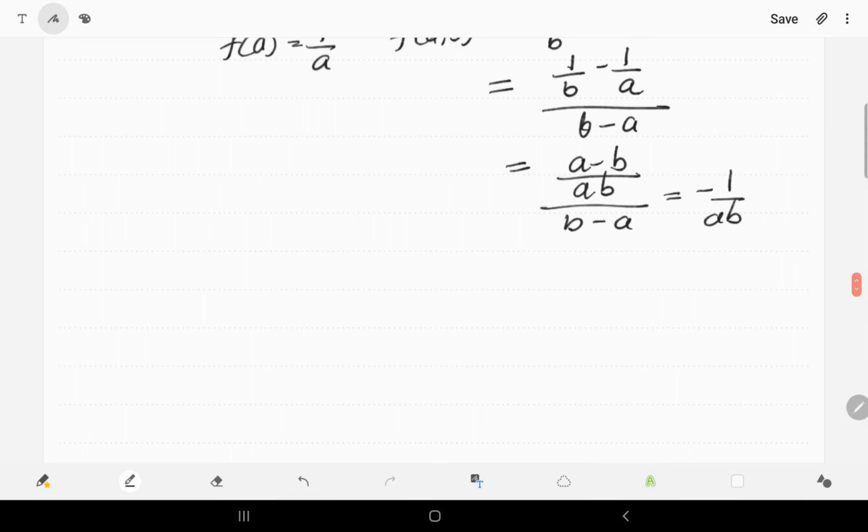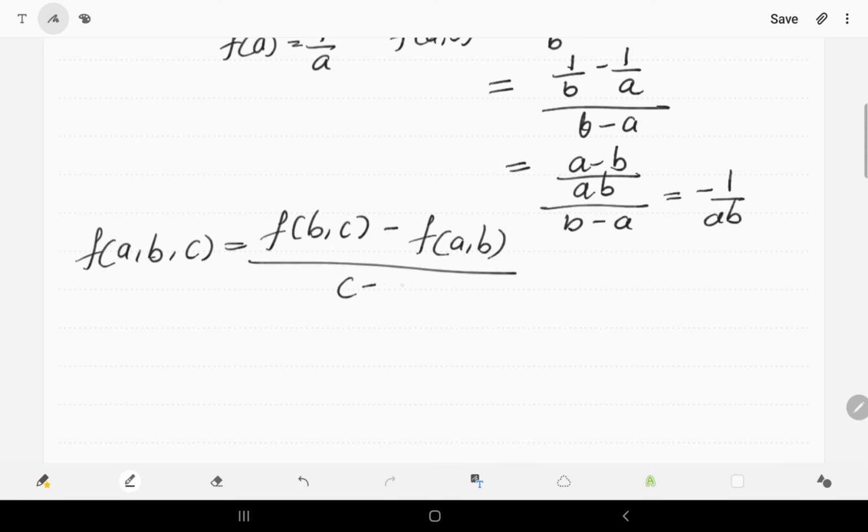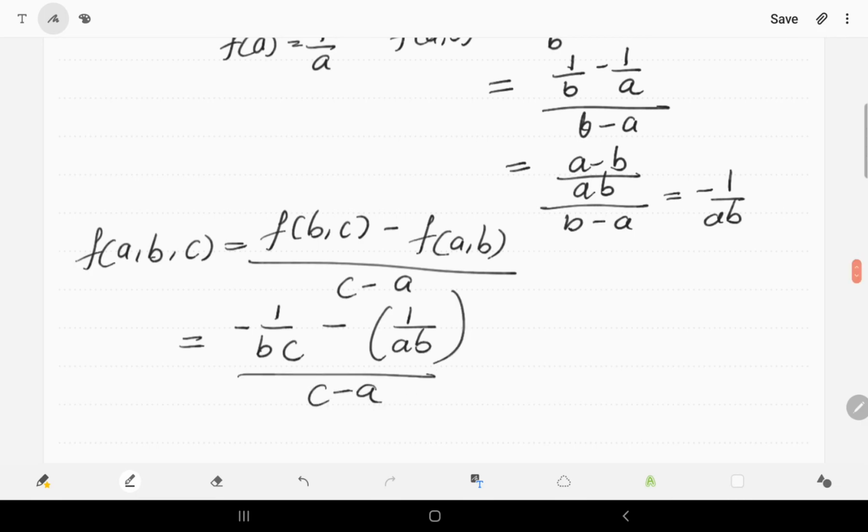Now, what is f of a, b, c? f of a, b, c is equal to f of b, c minus f of a, b divided by c minus a. So that is equal to minus 1 by bc minus of minus 1 by ab divided by c minus a.